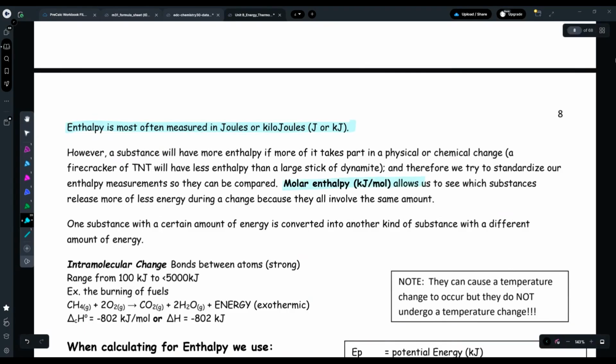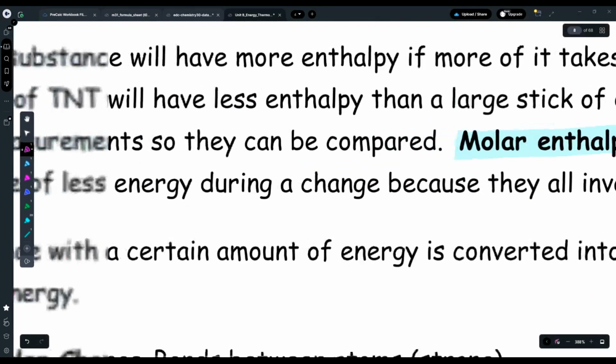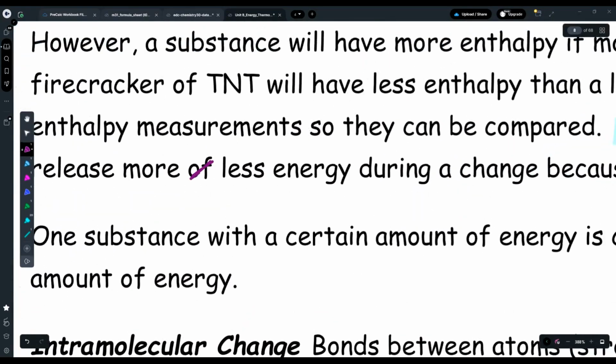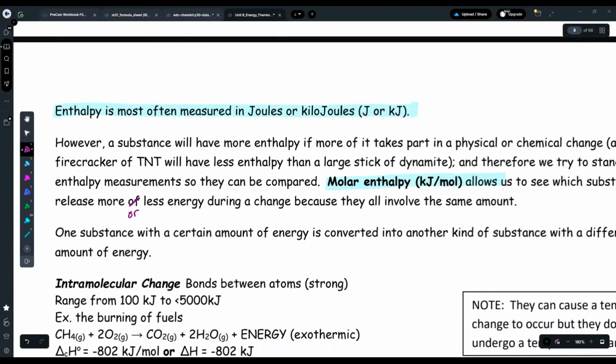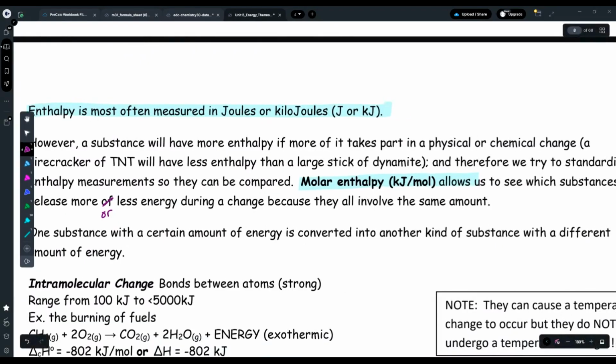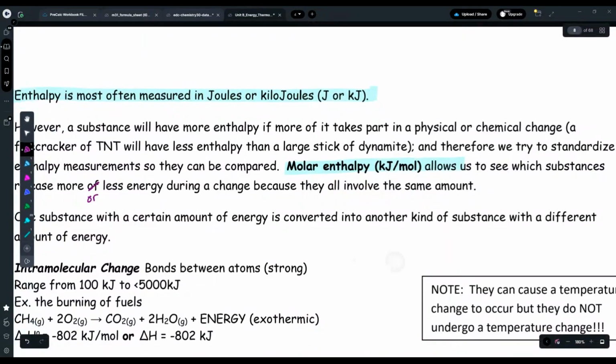Molar enthalpy, which is usually measured in kilojoules per mole, allows us to see which substances release more or less energy during a change, because they all involve the same amount. By amount, we mean moles.